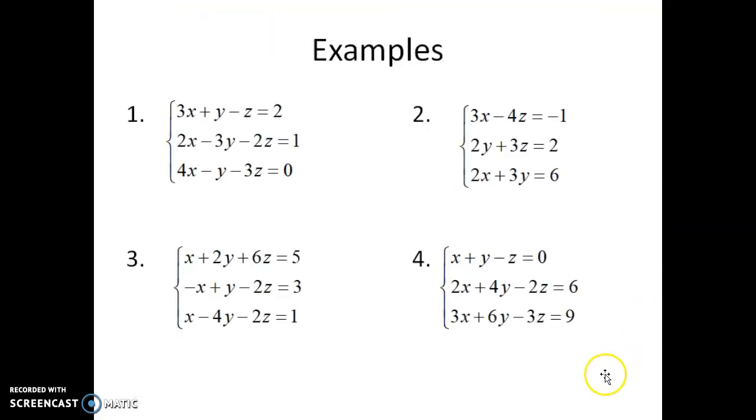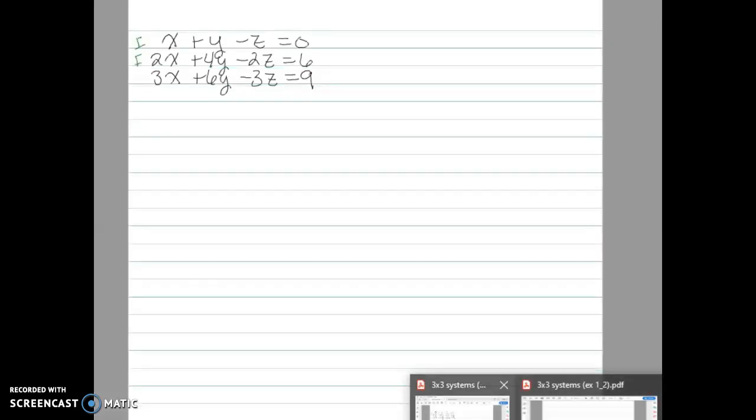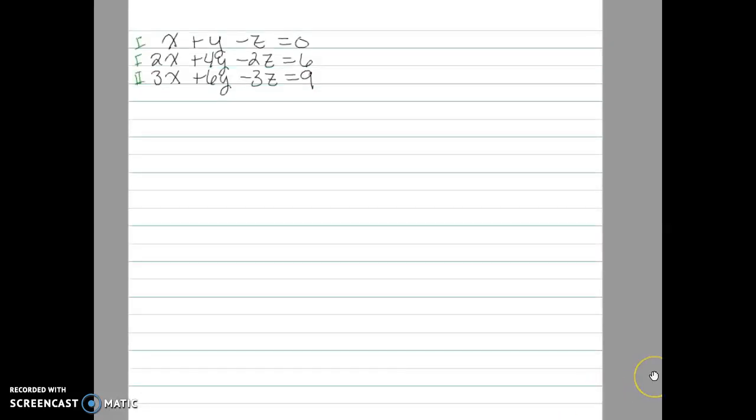Right, so let's go on to the fourth example here. So once again, I'm labeling my equations 1, 2, and 3. They're a little bit cut off, but that's 1, 2, and 3. And I'm going to take two equations and eliminate one of the variables. I am choosing to take 1 and 2 and eliminate x.